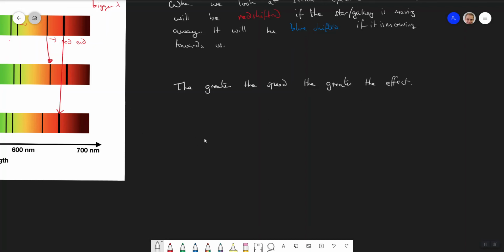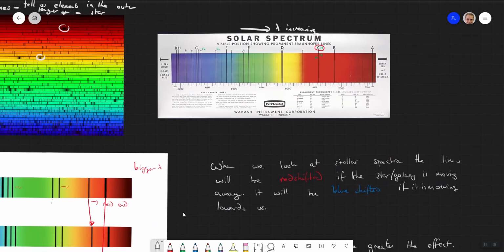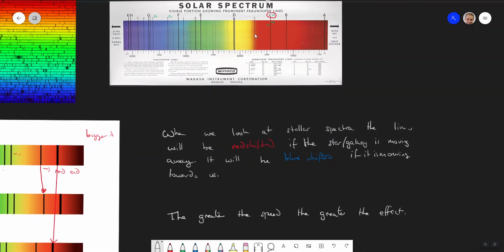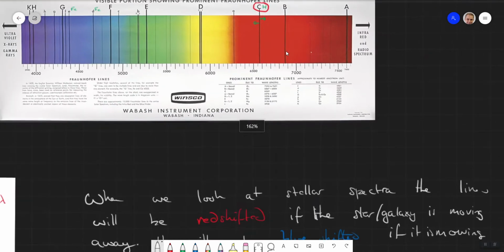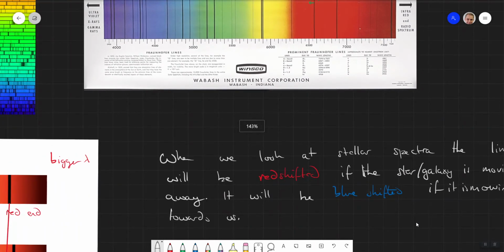So let's do an example, and we're going to use this equation to solve a problem. Let's say we're looking at a star, and this thing has moved this line, which is 656.3 nanometers, and we're going to shift it by 0.1 nanometer. So it's going to become longer, to 656.4. That's all we're going to do.